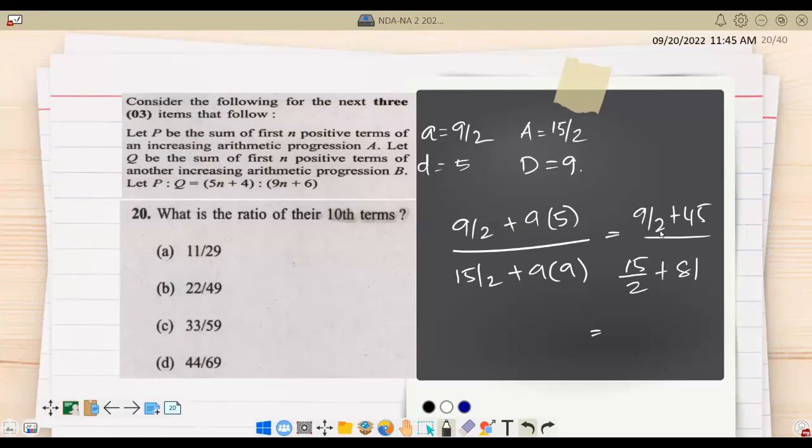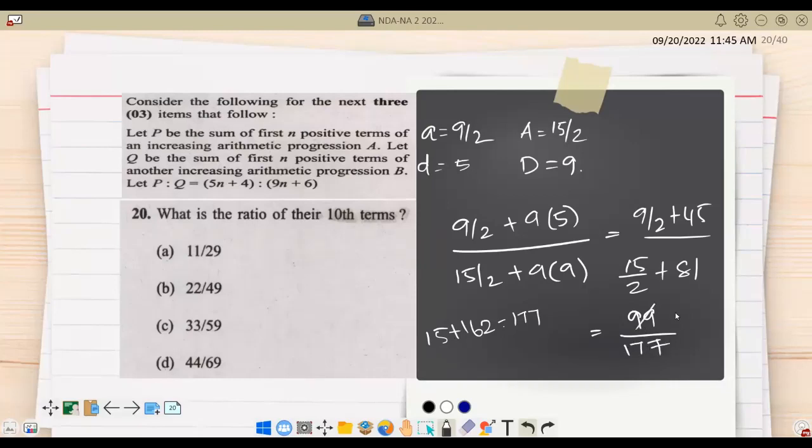Of course, there is 2 in the numerator and the denominator. So if you take the LCM, you get 9 plus 90 divided by 2 and then 15 plus 162 divided by 2. The 2 and 2 will get cancelled. So you're left with 9 plus 90 in the numerator, that is 99, divided by 15 plus 162. So 15 plus 162. The value is 177.